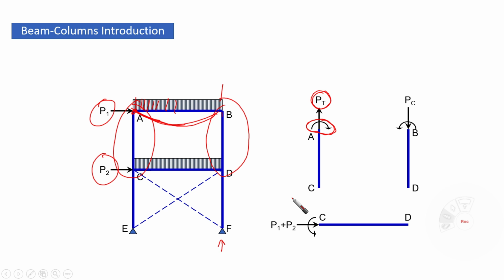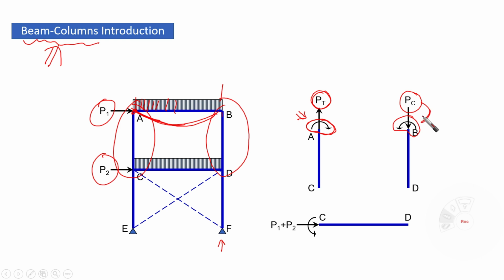It is a considerable amount of moment that we need to take into consideration whenever we are calculating the strength of the element. This brings us to the main concept of what we call beam column. Beam column means that we are going to have straining actions that combine both axial forces and, at the same time, moment.